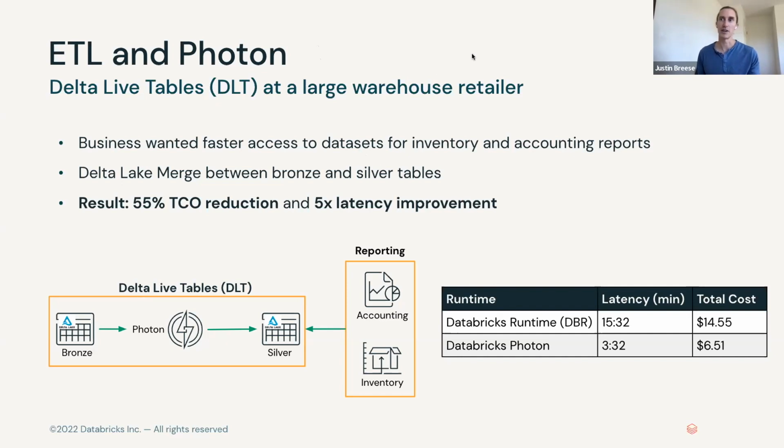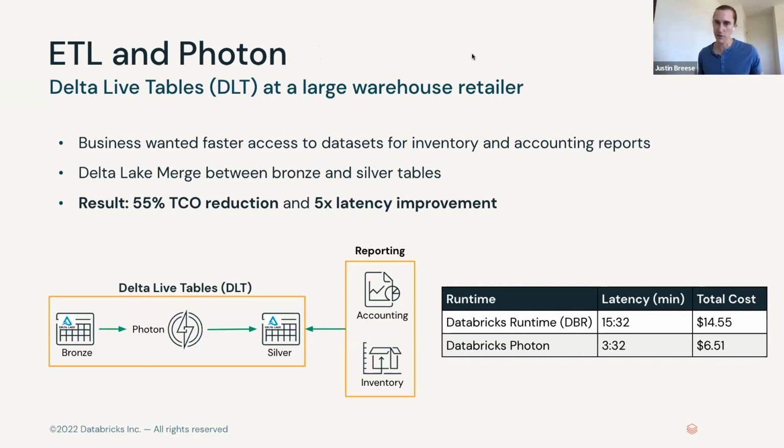So ETL and Photon. Let's talk about DLT, an example of DLT at a large warehouse retailer, and we'll double click on that. The business wanted faster access to data sets for inventory and accounting reports, and the architecture was pretty simple. It's a Delta Lake merge between a bronze and silver table.